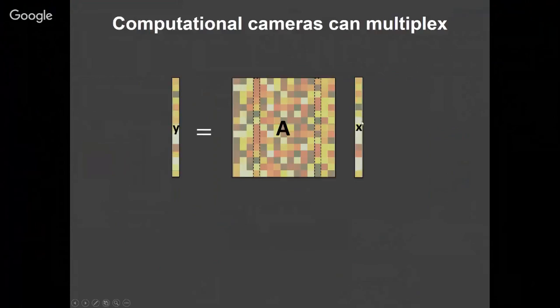And so I want to argue that computational cameras, because they have this sort of multiplexed measurement in which every pixel measures linear combinations of information from different pixels in the scene, this can be better. And this is what allows you to do compressed sensing. But sometimes, if this A matrix is invertible, you can do a lot more with this kind of system because it's multiplexed. But for now, let's just say we're trying to do it in order to make things lensless, which you have to have this multiplexing, because if you don't have a focusing element, then every point on the scene will map to lots of pixels in your sensor.